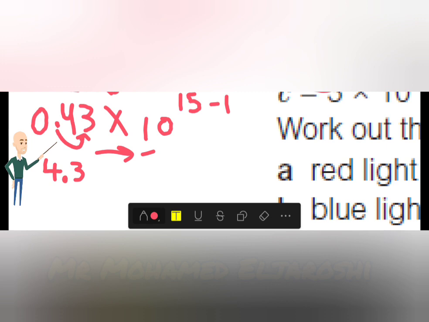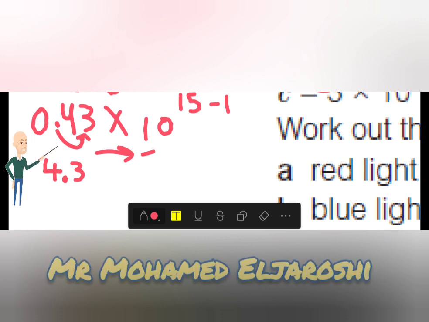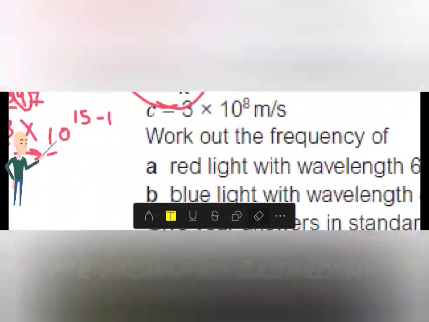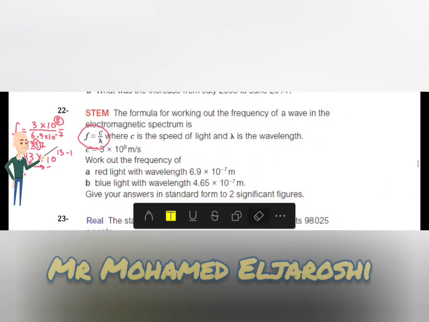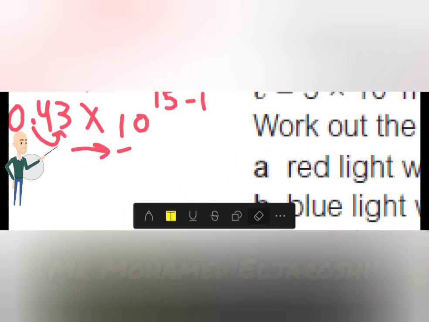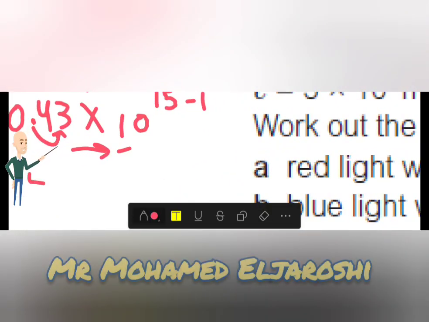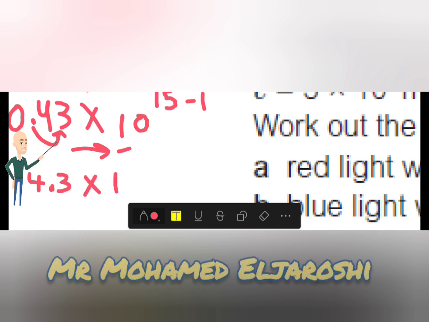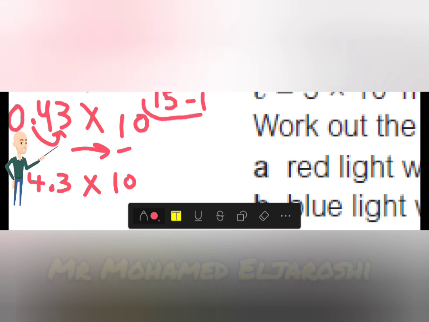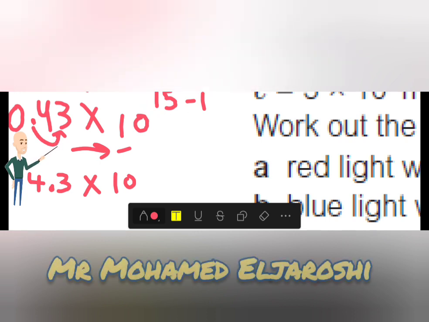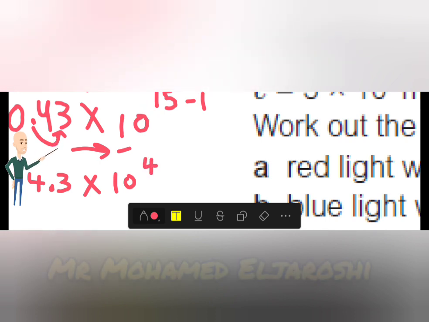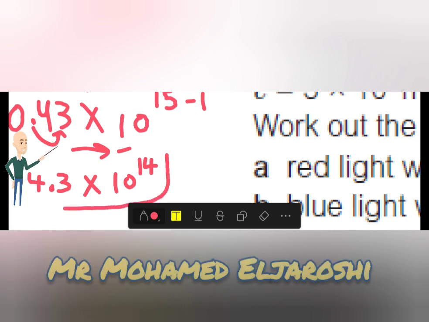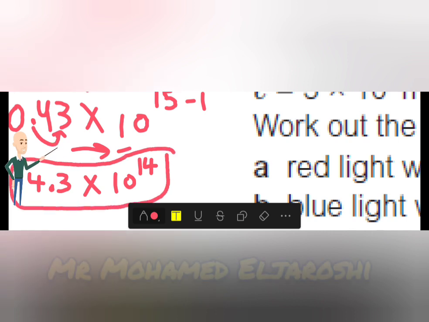So it's going to be 4.3, sorry. Let me write it here. 4.3 multiplied by 10 power of what? Very good, 14. And here we have the answer in standard form.